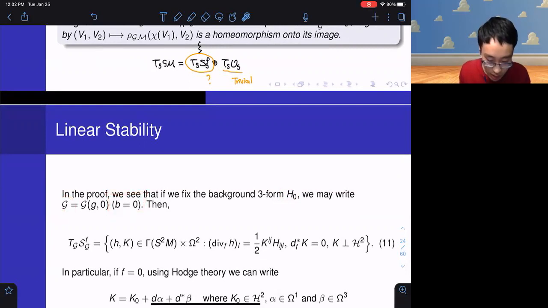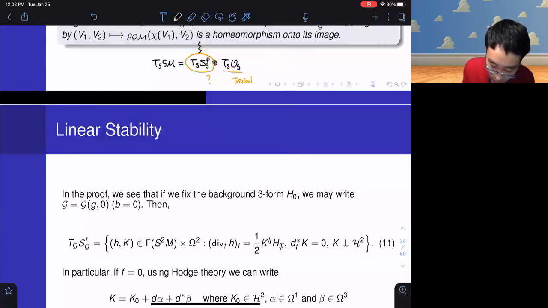Then in this case, we can express the tangent space of the slice as the variations where div_F H is half of K_ij H_ij and D star_F K is 0.